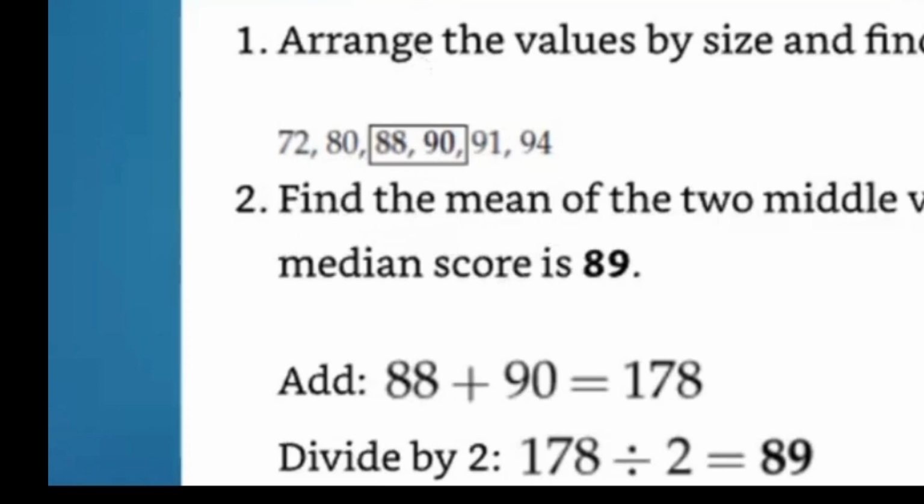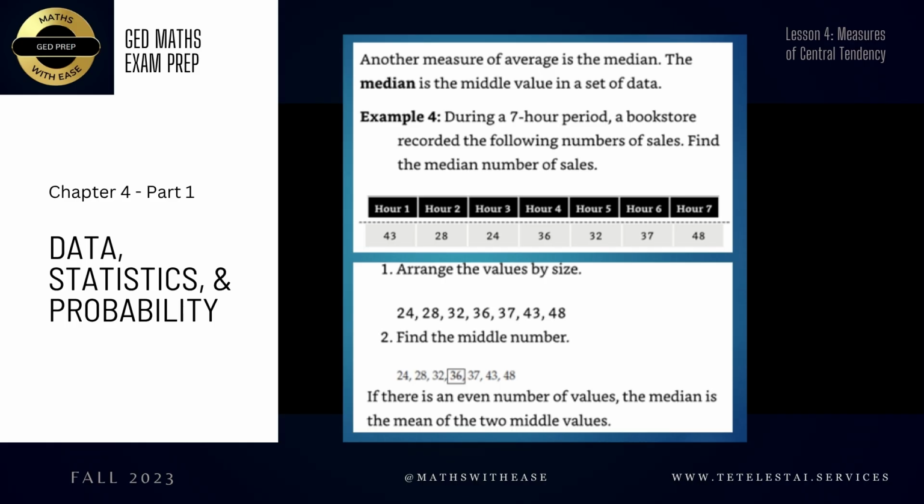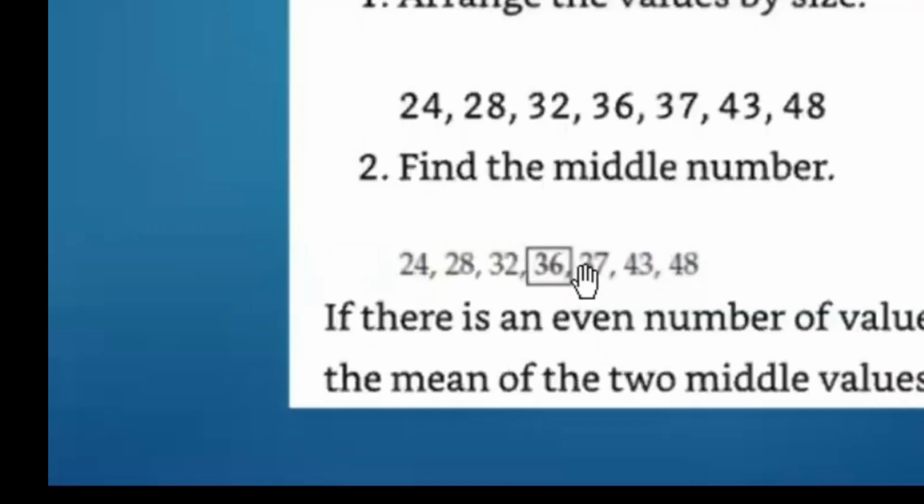In this example, where we had exactly one number in our box, we didn't need to do anything, right? And we can check. To the left, we have exactly 3 values, 24, 20, and 32.